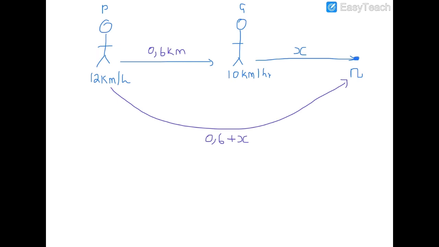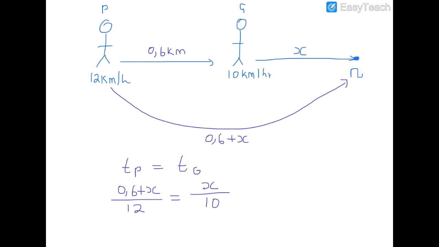The interesting part here is that the time it takes Pete to catch up to Gert is equal to the time it takes Gert to get to point N. Now if we use time equals distance over speed, Pete has to cover a distance of 0.6 plus X divided by the speed of 12, and Gert only has to cover X kilometers at his speed of 10 kilometers per hour.